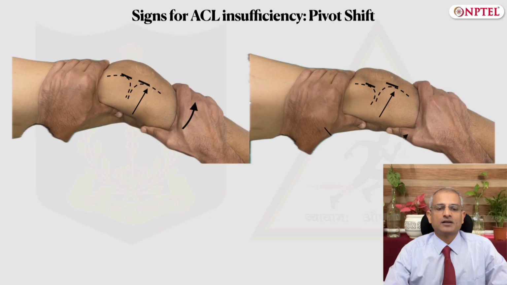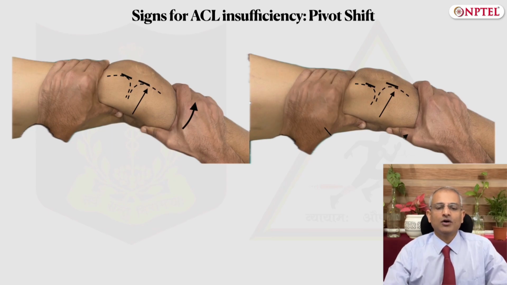This test is done to assess the anterolateral rotatory instability of the knee. This can be done in supine or lateral position. A combination of axial load and valgus force is applied to the knee along with internal rotation of tibia. In this position, the knee is gently moved from full extension to flexion and vice versa.